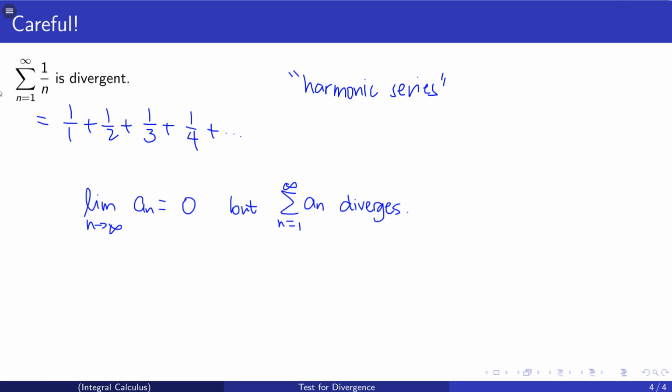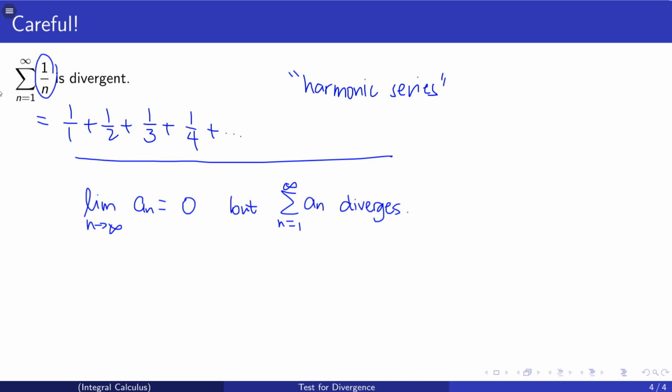So it turns out that it's not enough that your individual terms approach zero, right? So that's true here. As n goes to infinity, whatever it is you're adding to your sum gets smaller and smaller and smaller and approaches zero. Well, whatever, it still diverges.